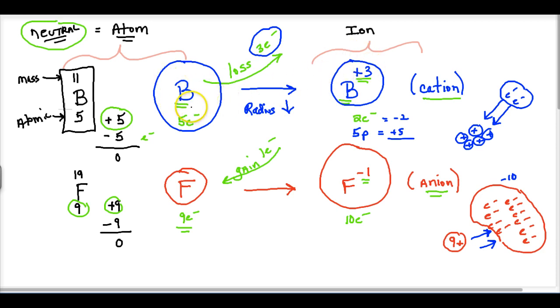In any case, you can say this: boron's atomic radius is bigger than its ionic radius. And that's some kind of wording you have to get used to. Whereas fluorine, because it gains electrons, its atomic radius is smaller than its ionic radius.